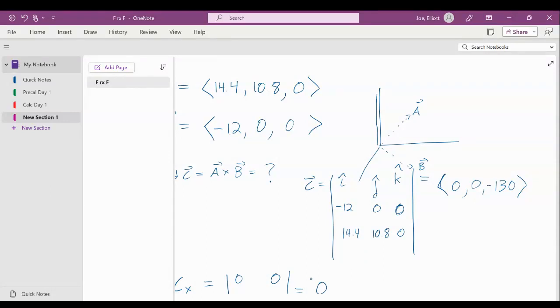And C, of course, would actually be in the opposite direction if you use the right-hand rule. If you take your index finger at A, align your middle finger along B, stick out your thumb, it points down. So this is C equals A cross B.